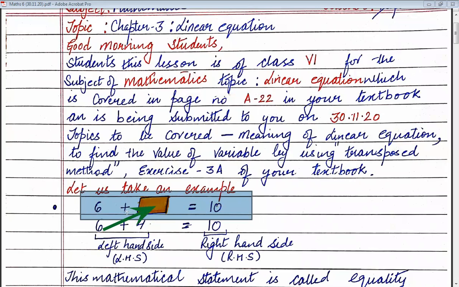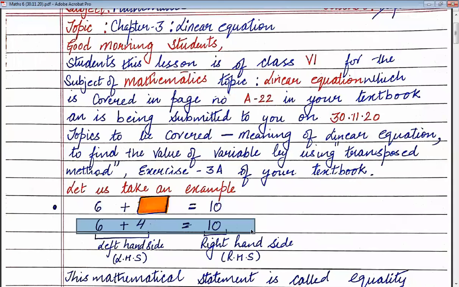I repeat, what should be added to 6 so that your answer is equal to 10? This is very easy. Your answer is 4. When you add 4 here, your answer is equal to 10. So 6 plus 4 is equal to 10.